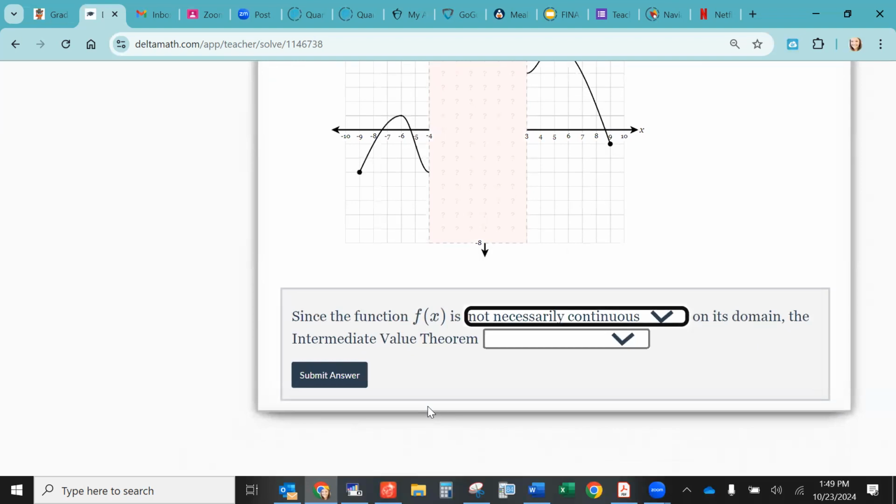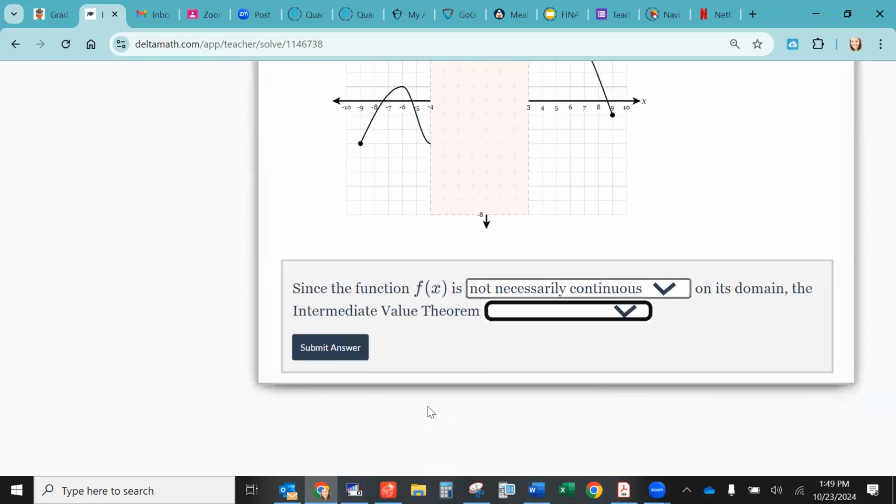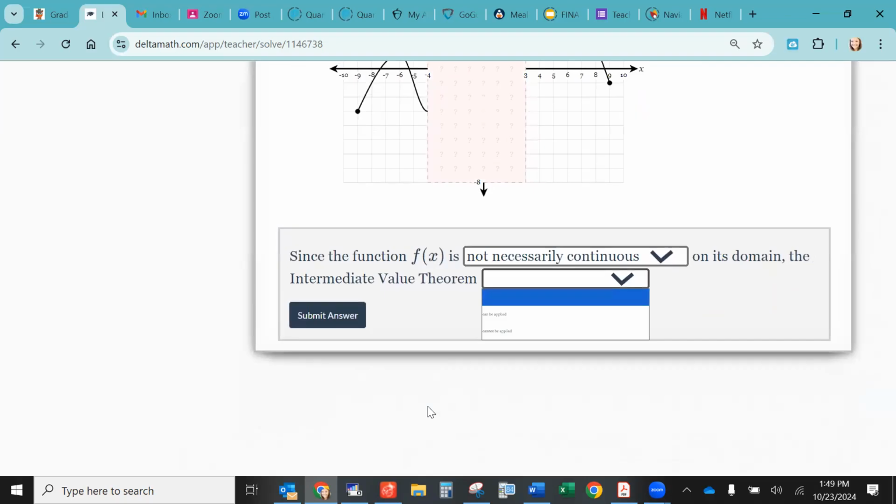Now, this is important. Could it be continuous? Yes. So don't pick that it's not, because you don't know. If it tells me it's continuous, I know it is. But if it doesn't tell me, I don't know. It's not necessarily continuous. Okay, then intermediate value theorem does not apply or cannot be applied.